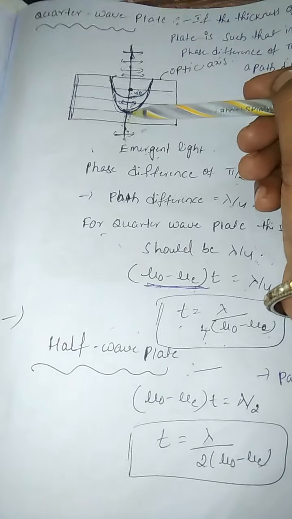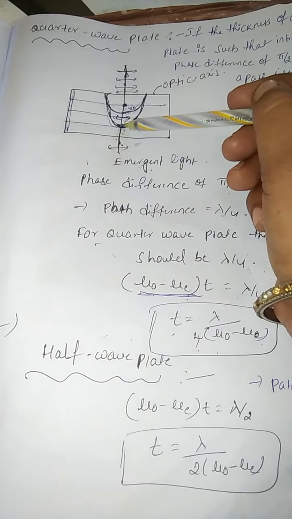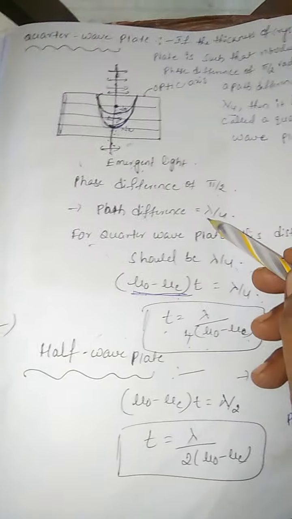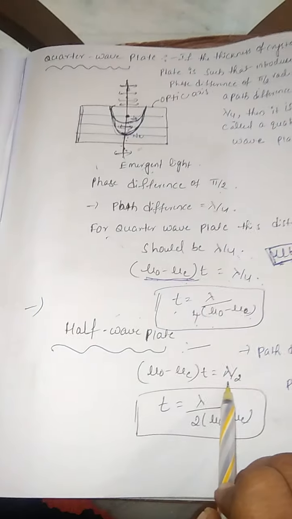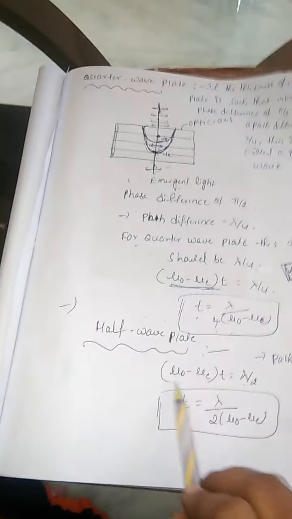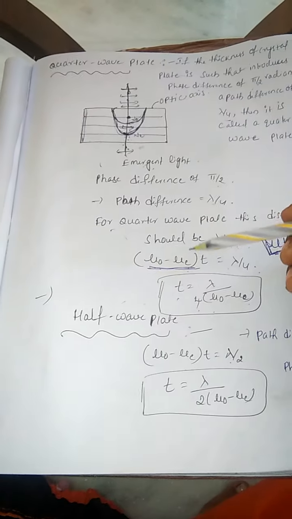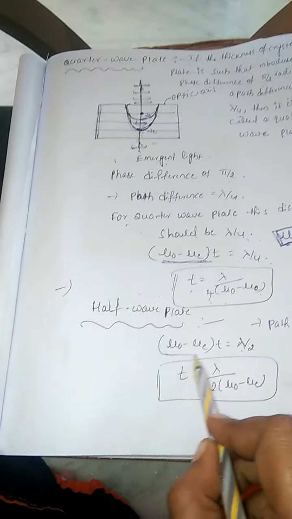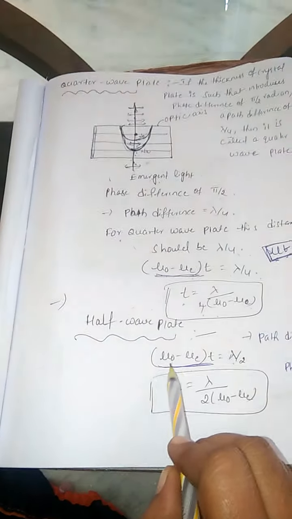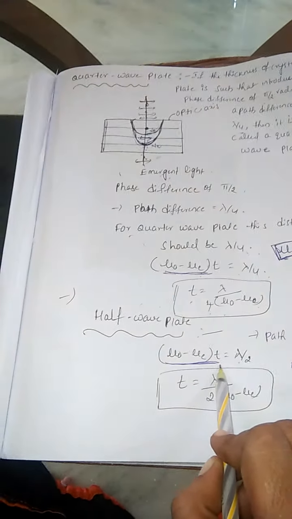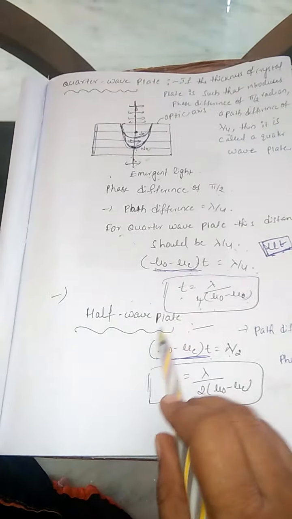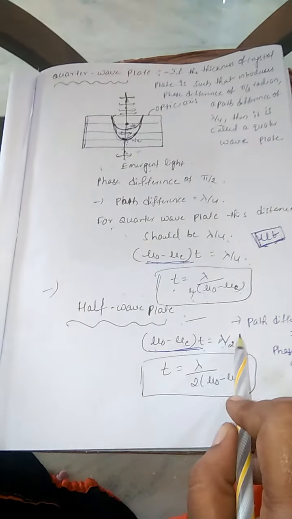Half wave plate means that the ordinary ray and extraordinary ray coming out of the plate have a path difference of lambda by 2. Similarly to the above topic, mu naught minus mu e into t is the path difference of the waves coming out of the crystal, the ordinary ray and extraordinary ray, which is equal to lambda by 2.